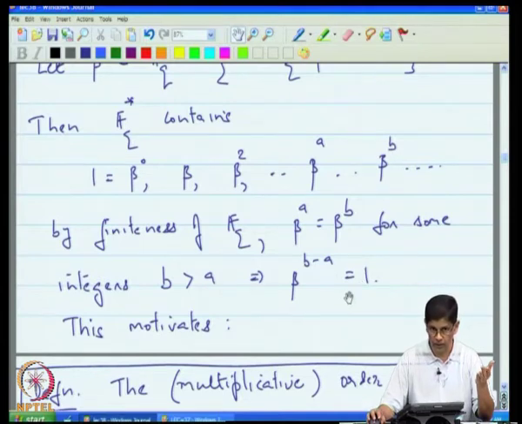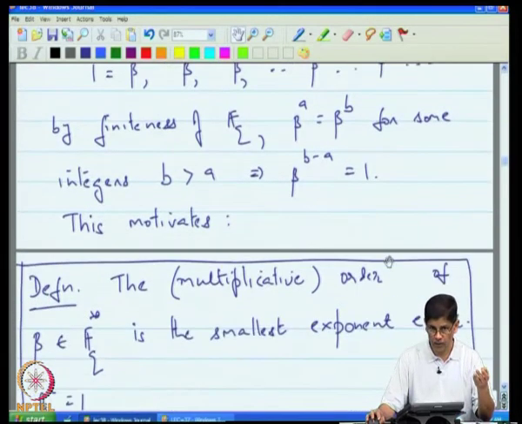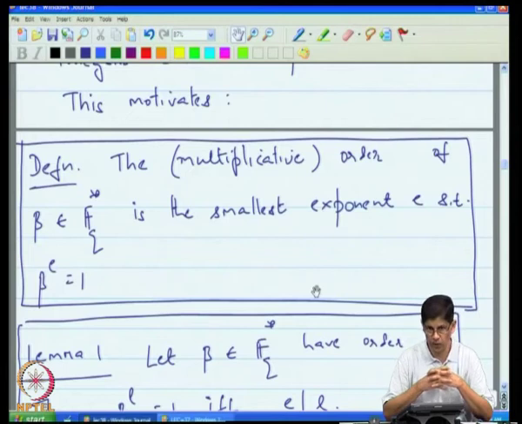Okay, so, now what that is telling us is that for every non-zero element in F_q there exists an integer such that if you raise beta to that power you will get 1.